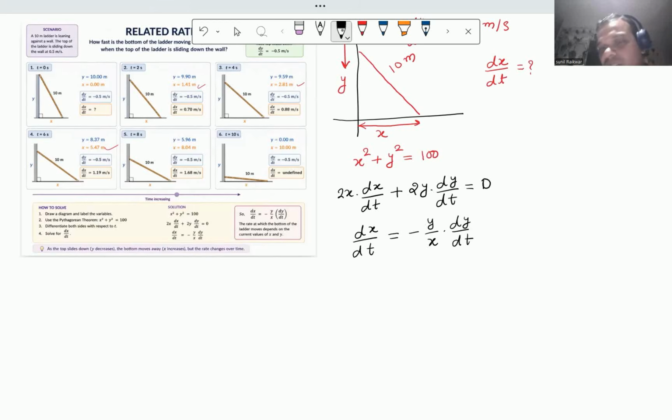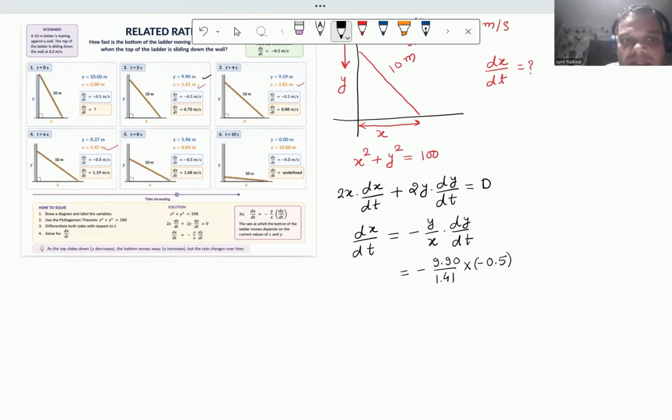Now you know all the values. So y, suppose I'm just going to take this example. In this case, y is negative 9.90, x is 1.41, and dy over dt is negative 0.5.